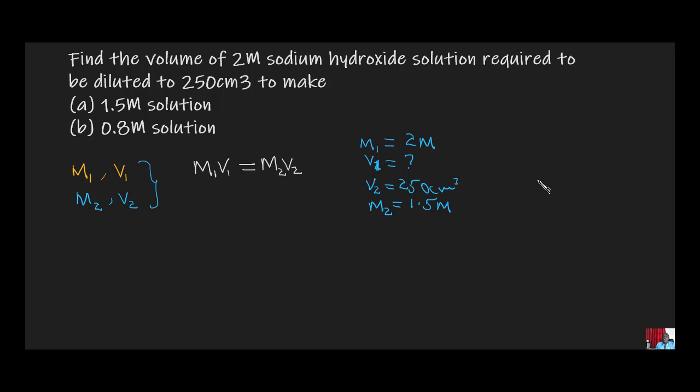So how can we go about this? It is simple. M1, that is 2, multiplied by V1, the volume before diluting, is equal to 1.5 M, the molarity after dilution, multiplied by the volume after dilution, 250.